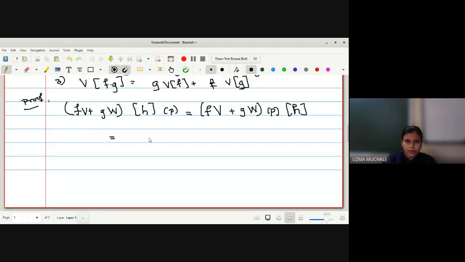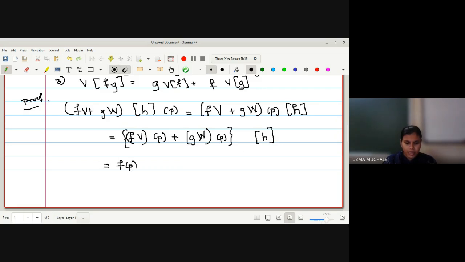Which is equal to, so how to evaluate now? We have to evaluate by again a pointwise application. So I can write this as Fv at a point P, plus Gw at a point P, and directional derivative of function h, which is equal to, what is the value?